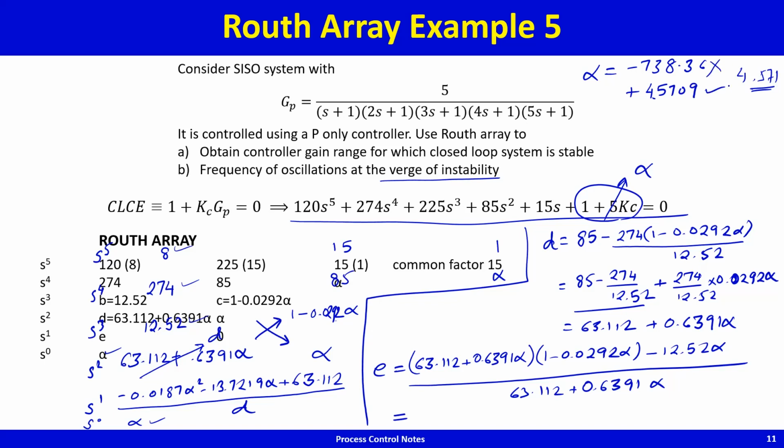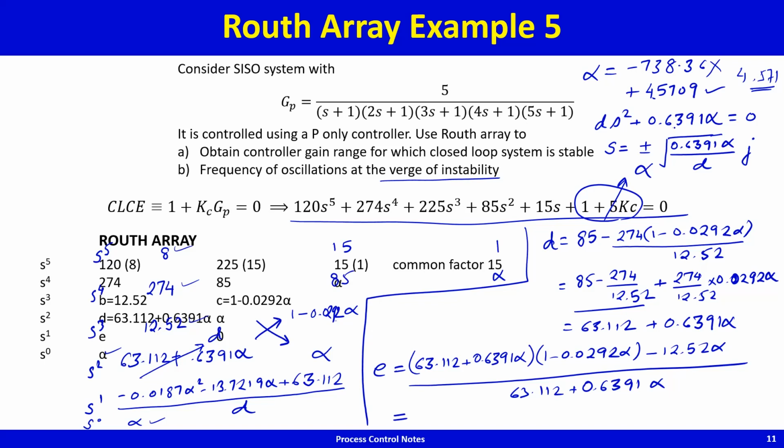If you accept this, then for alpha equal to 4.5709, the auxiliary polynomial is going to be d times s squared plus 0.6391 alpha equal to 0, and therefore s is going to be plus minus square root of 0.6391 alpha divided by d, times j.